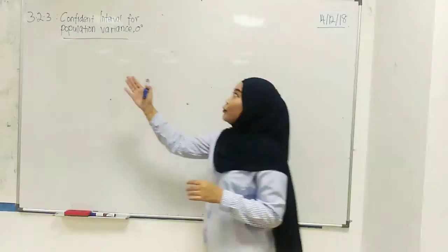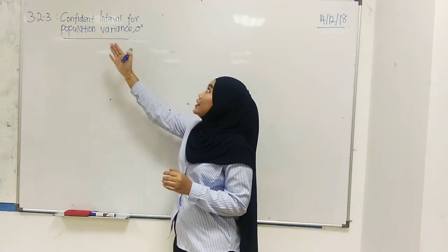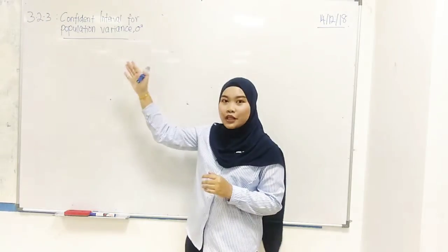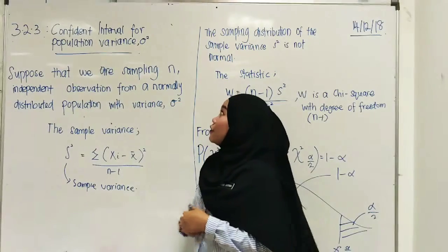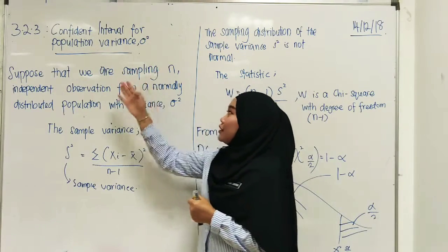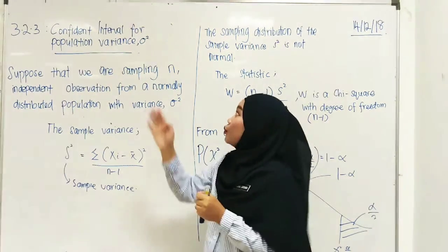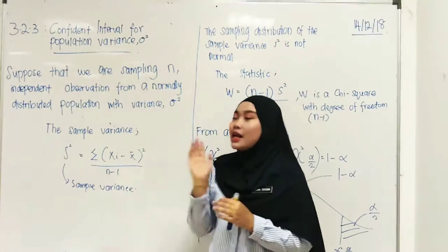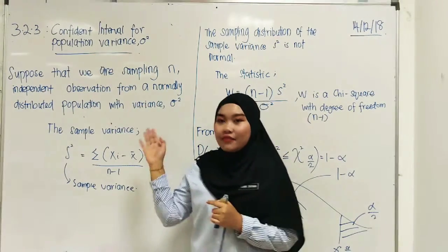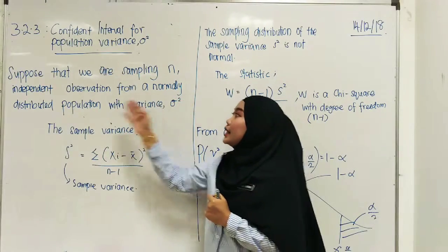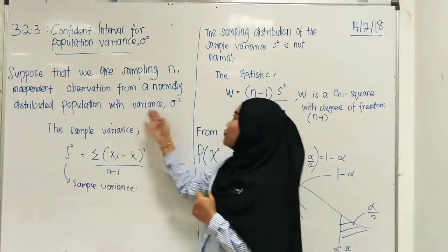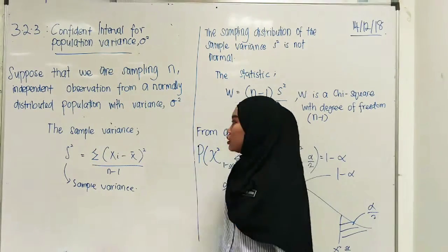Today, in our MAE503 Educational Statistics 2, we will learn about 3.2.3, that is confidence interval for population variance. Suppose that we are sampling the number of independent observations from a normally distributed population with a variance sigma squared.